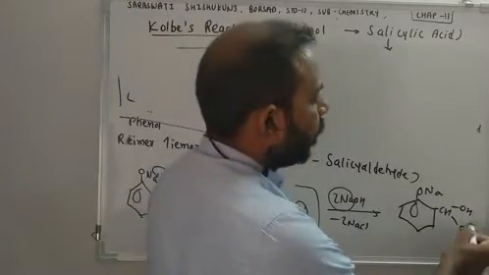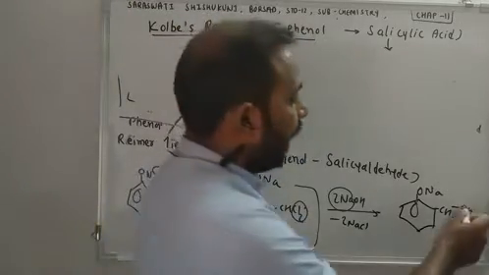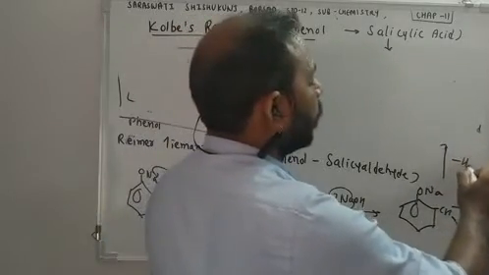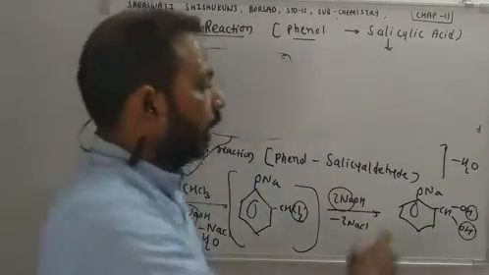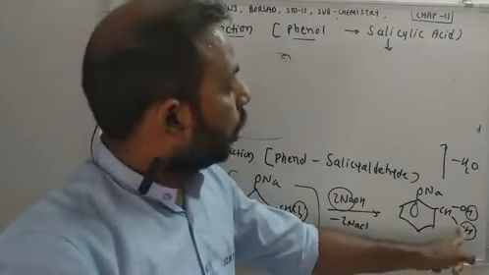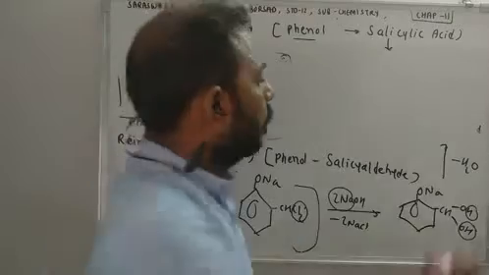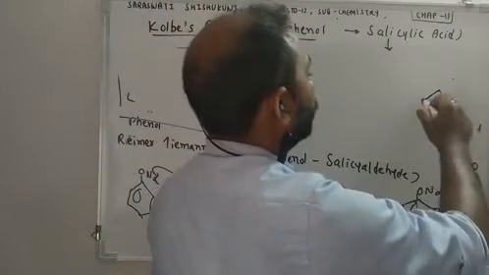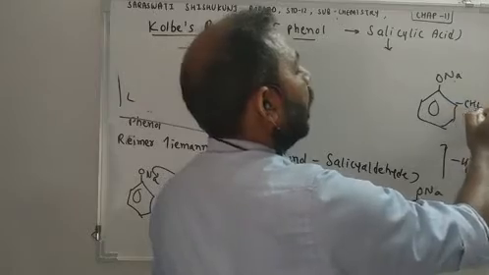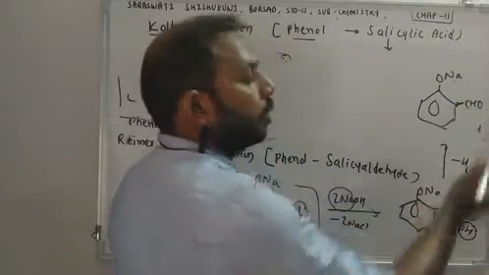So OH minus from this carbon and H plus from here will form H2O. So H2O is released and what is left? CHO is left. So the CHO, that is the aldehyde group, is left.